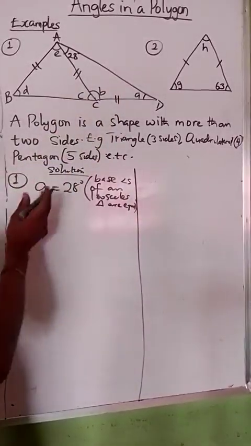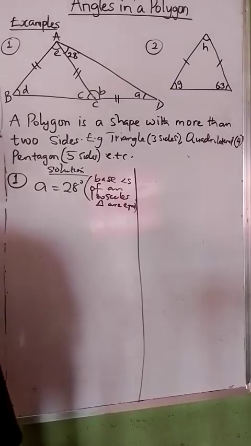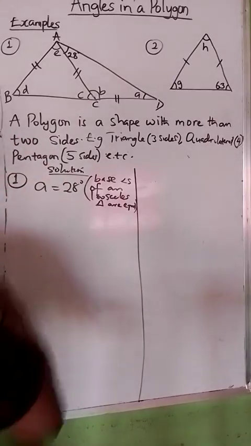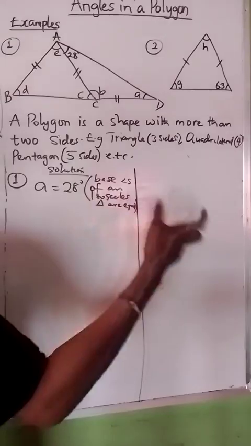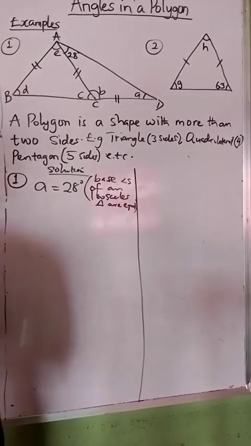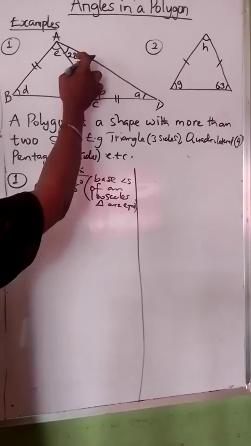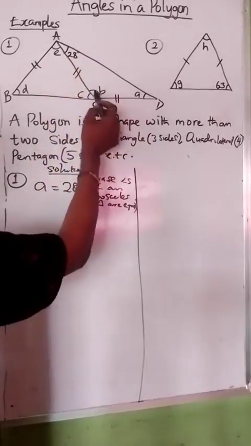Then, as you know, the sum of angles in a quadrilateral is 360. The sum of angles in a triangle is 180, and I will tell you why it's 180 as we continue to solve. This is a three-angle triangle.